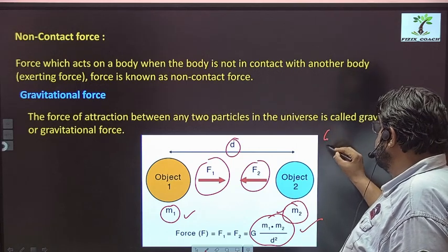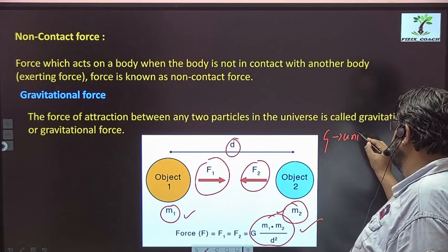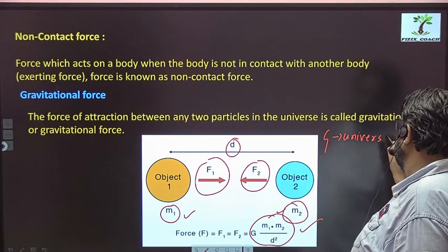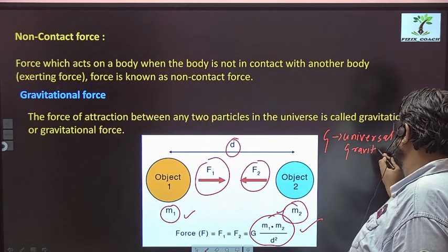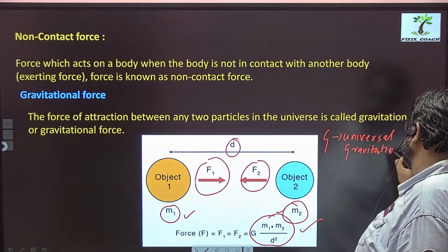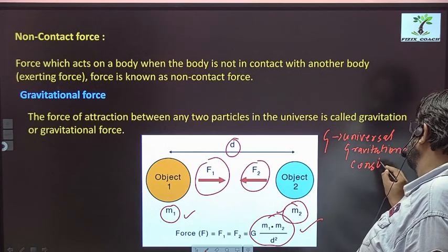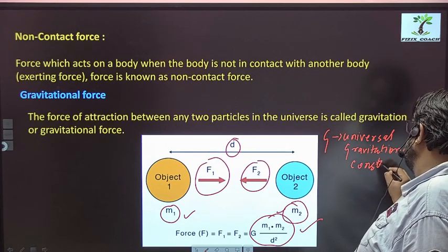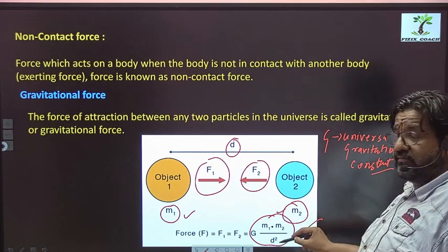Here capital G is called universal gravitational constant. This is a constant which is used. M1, M2 are the masses of the object.